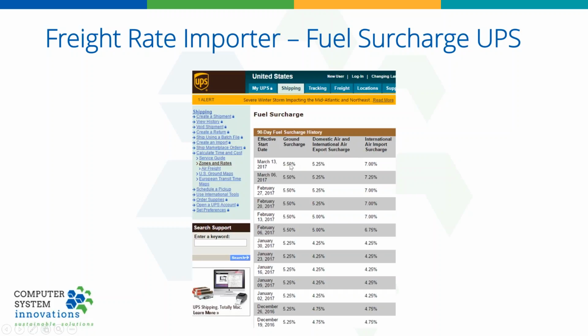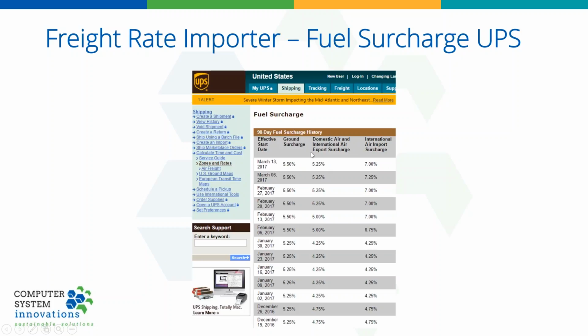You take whatever you just imported as the UPS ground rate, and you multiply everything by 1.055 because it's 5.5% higher for ground, 5.25% higher for international, and for domestic air, and international 7. So what Freight Rate Importer will do, if these do change, is undo the previous fuel surcharge and add in the new one.